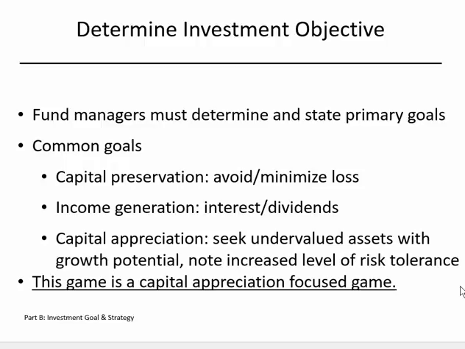Now, most of the time, people search for a mixed kind of process, right? Capital appreciation obviously is really looking for undervalued assets and really trying to take a little bit more risk. So this particular game is geared towards capital appreciation.